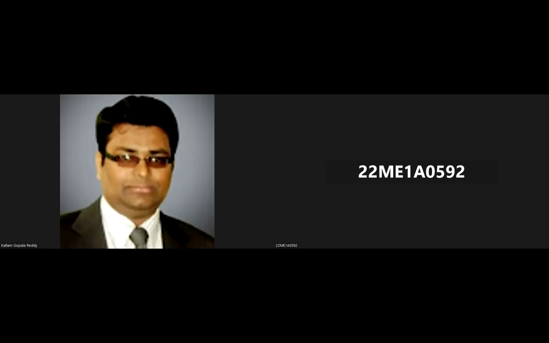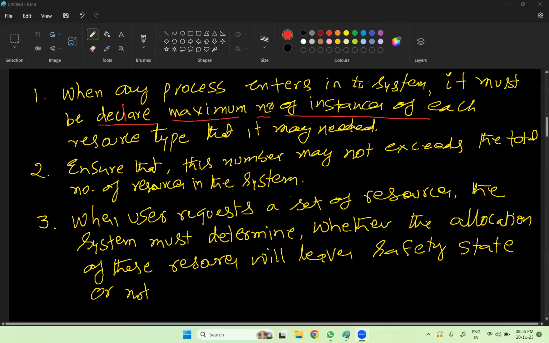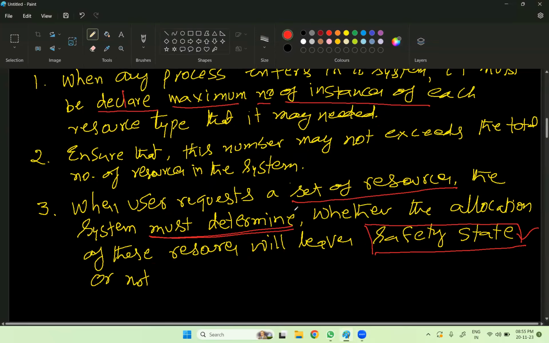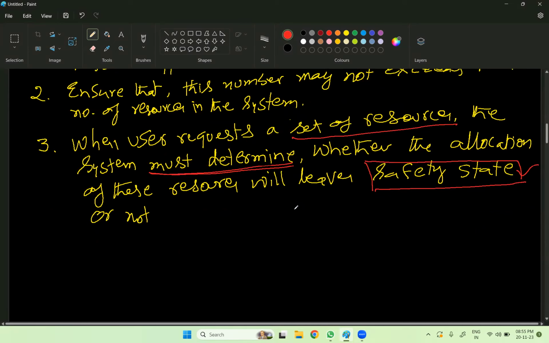So when a user or process requests some set of resources, the system must always determine whether the allocation will leave it in a safe state or not. If it is in a safe state, yes, there is no problem, the allocation will be done. If it is not in a safe state, it should not be allocated, and the process must be in the waiting state.